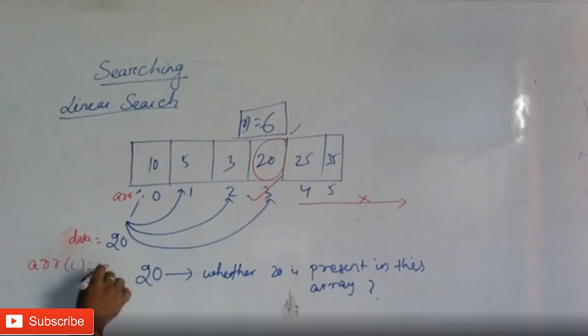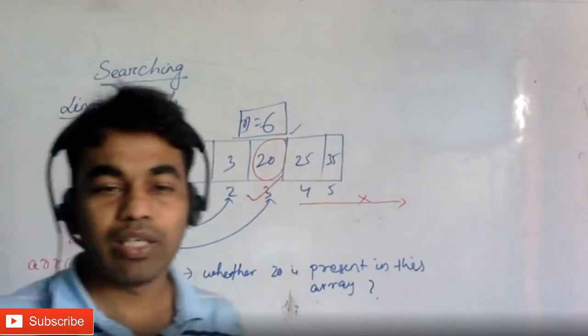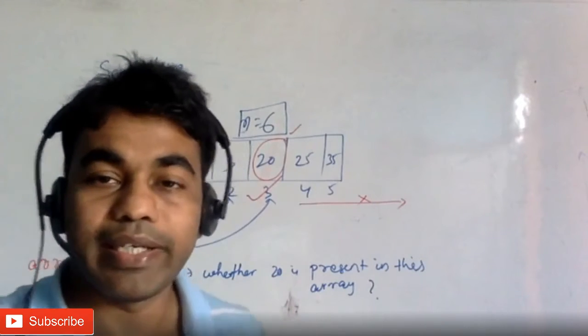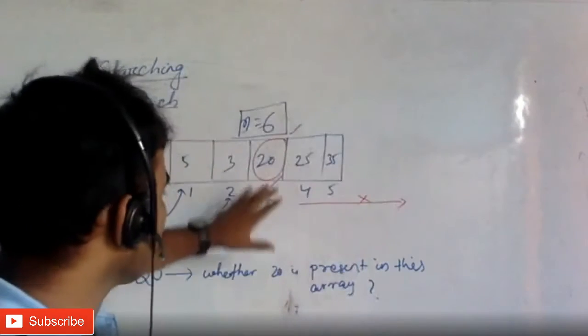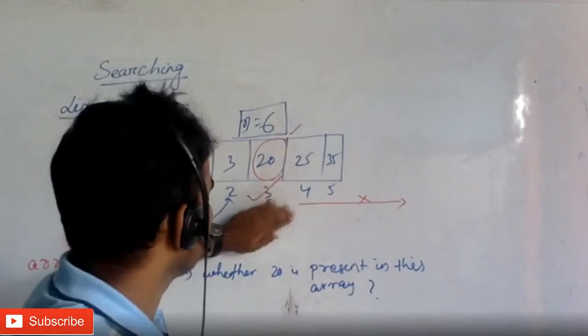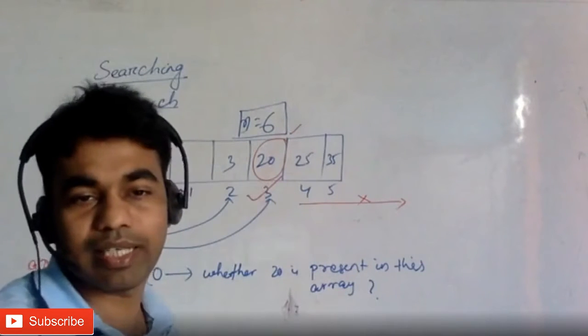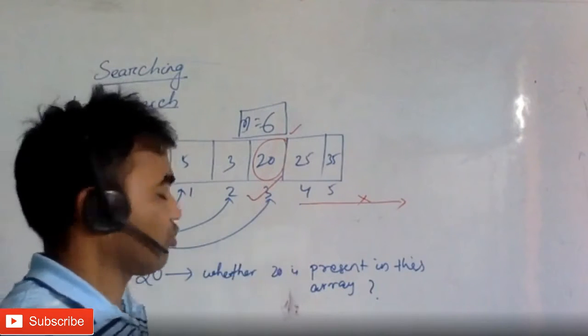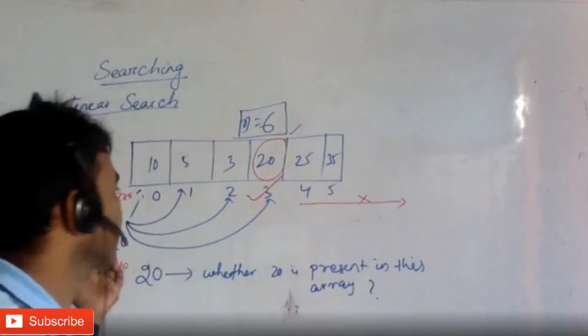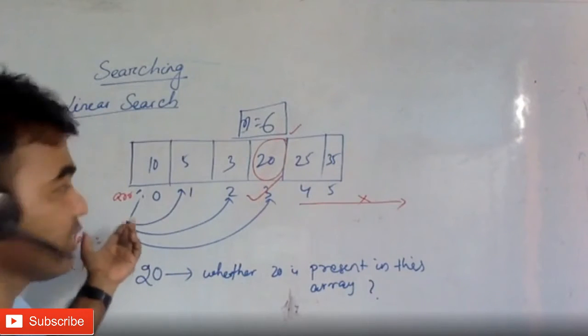If they are equal, you immediately return it. If you keep comparing and X matches at any particular time, you return. Suppose you are searching for 45, then you will not get a match.